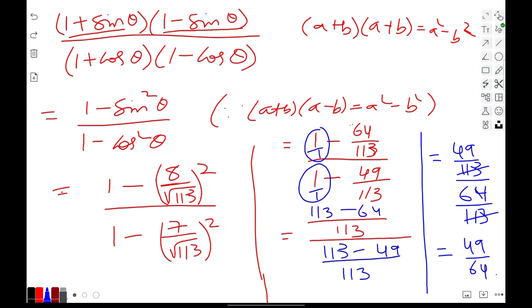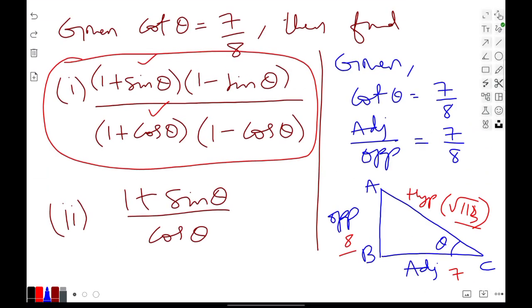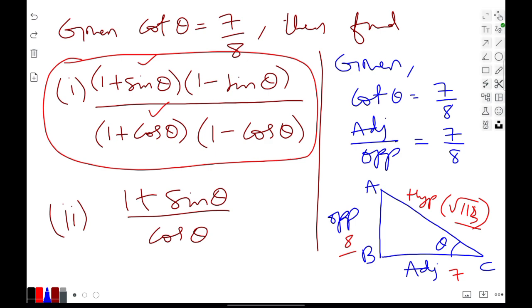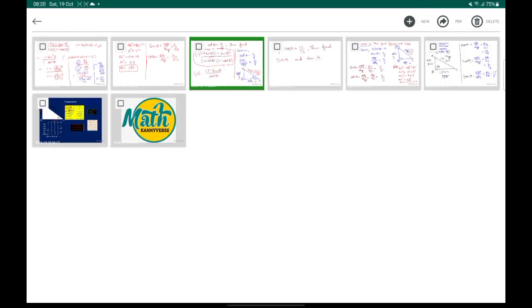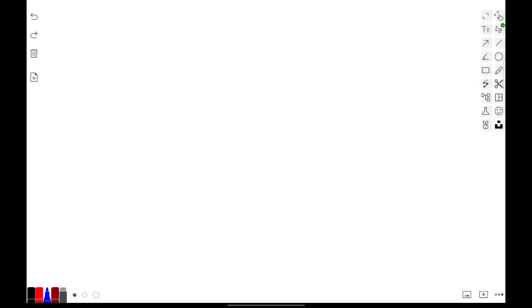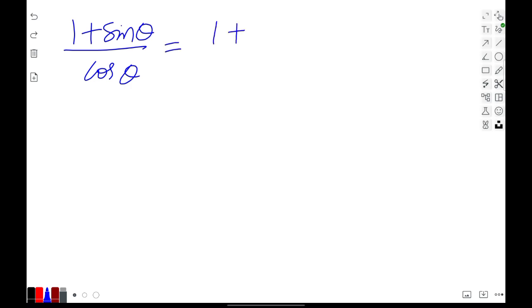Okay, now let's do the next sum. 1 plus sine theta by cos theta. We got the sine theta value as 8 by root 113 and the cos theta value as 7 by root 113, right?